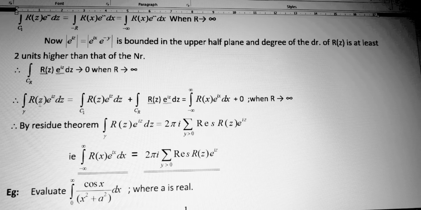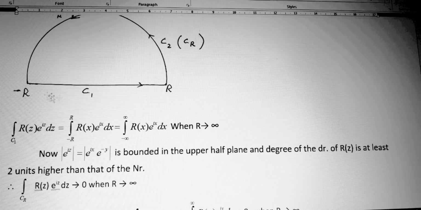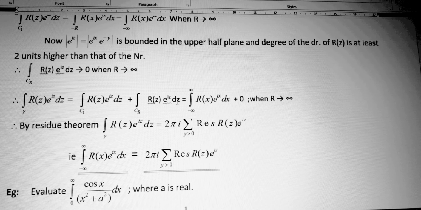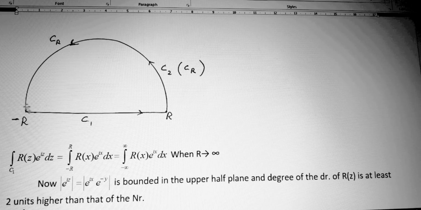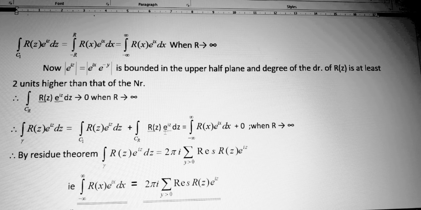Therefore, the integral over gamma of R(z) e^(iz) dz equals the integral over C1 of R(z) e^(iz) dz along this part plus the integral over CR of R(z) e^(iz) dz along this part. This integral is the integral from minus infinity to infinity of R(x) e^(ix) dx, and this integral is 0.